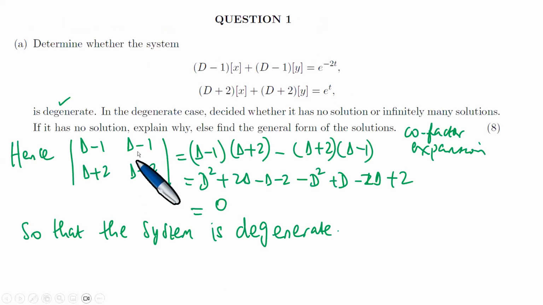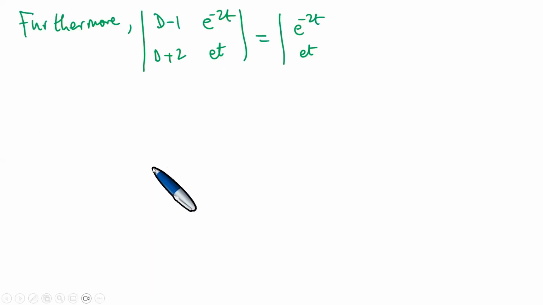Now the other column is this one, d minus 1, d plus 2.